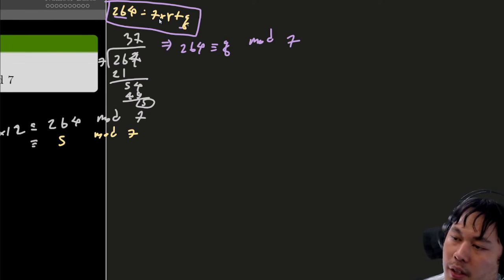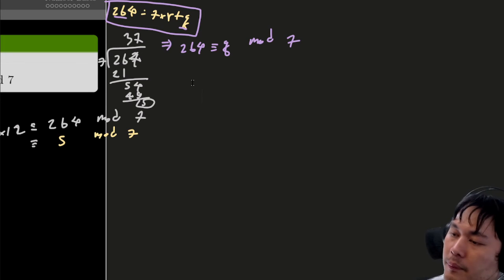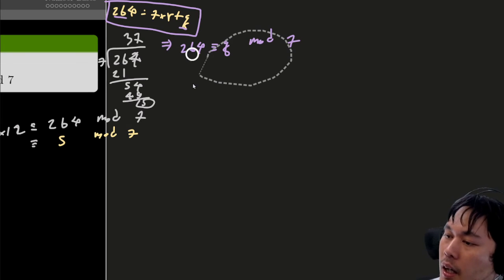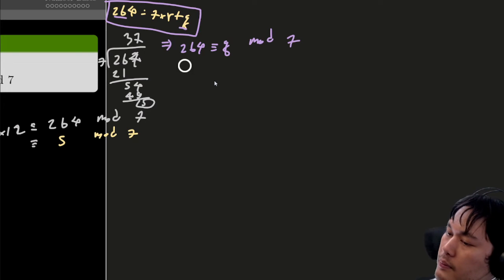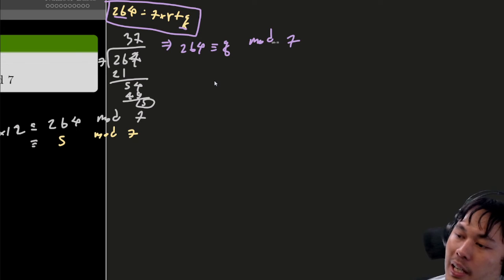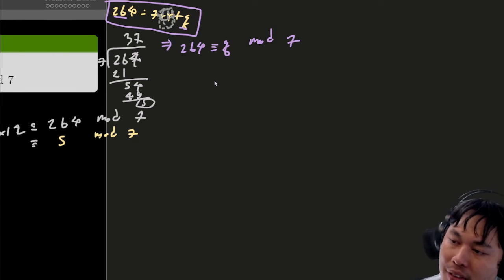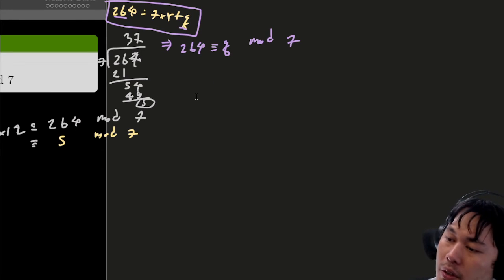Because they are different, you move q to the left hand side, you subtract that, you get 7 times something. So that's what we get here. They are the same around the mod 7. If you start at q and you move around the clock r times, 7 r steps, then you get 264.